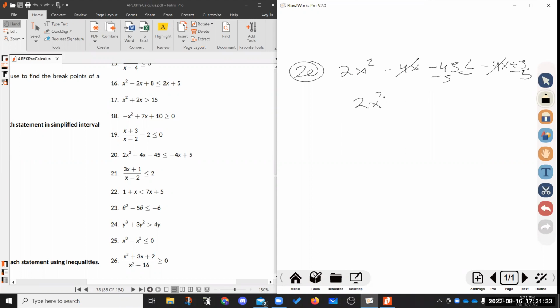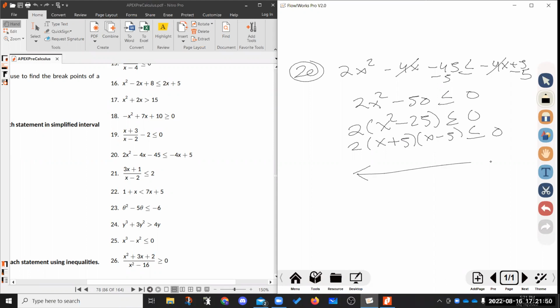We get 2x squared minus 50 is less than or equal to 0. x squared minus 25, x plus 5, x minus 5. That 2 isn't going to hurt anything. Negative 5 and 5.